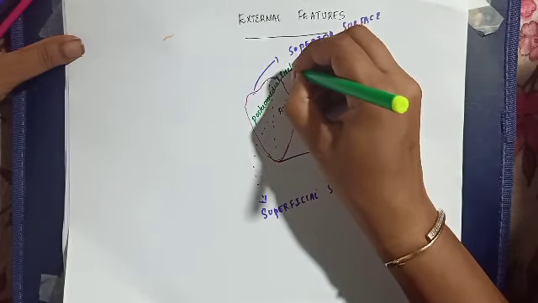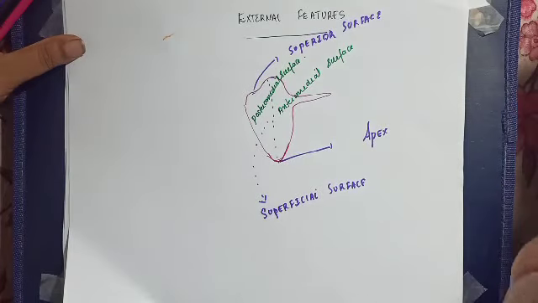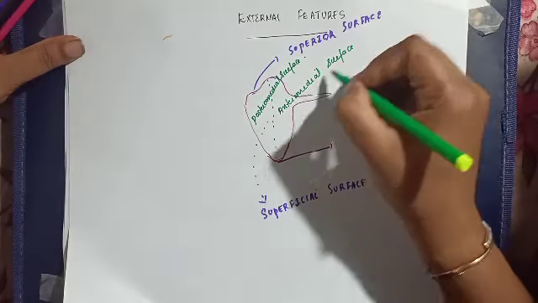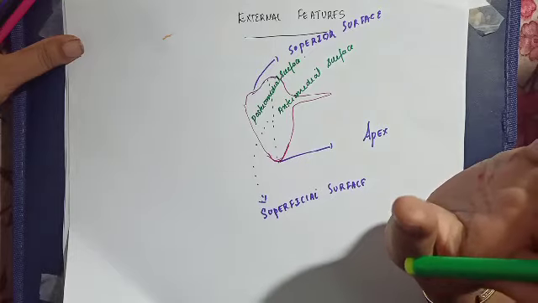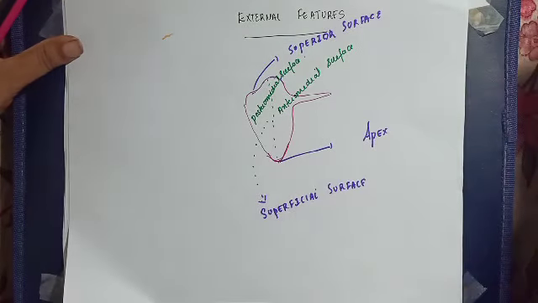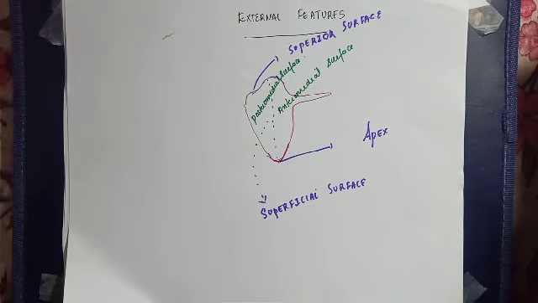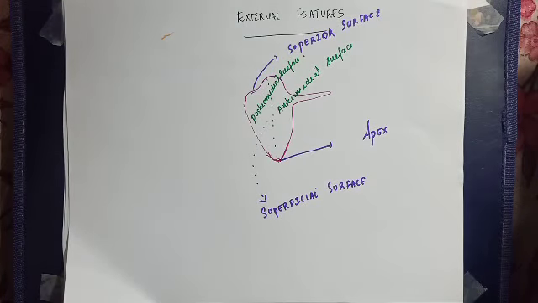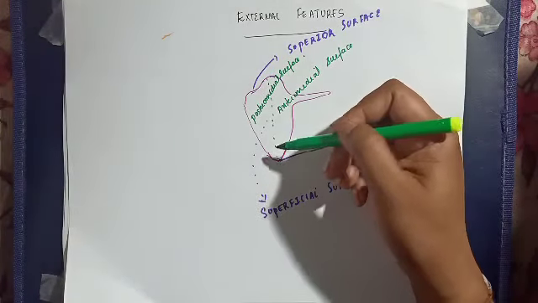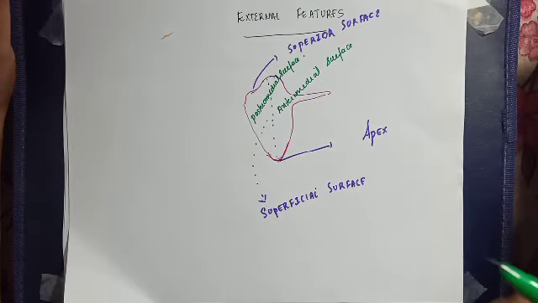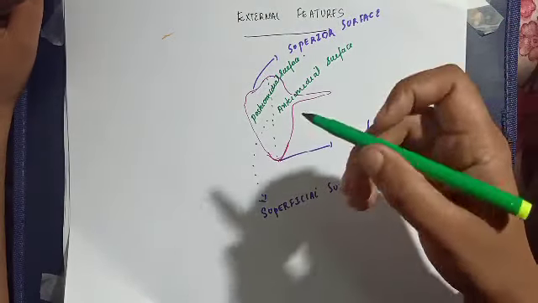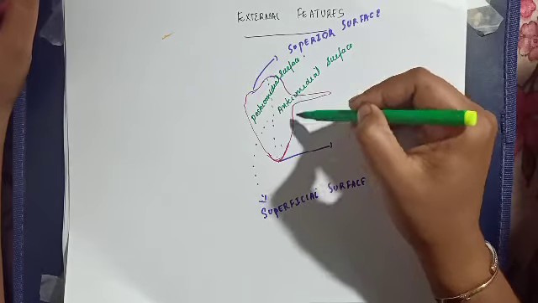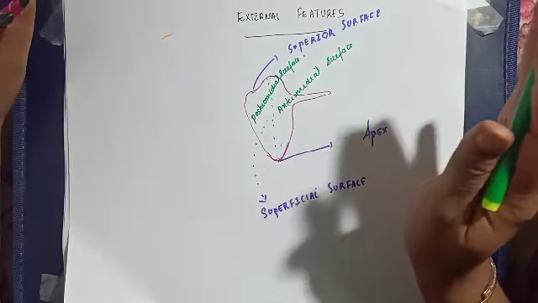Okay. Now we have seen the surfaces. It has got a superior surface, and laterally, which you can see from outside, is the superficial surface, and what you see on the medial aspect is a medial surface which is divided by a medial border into anteromedial and posteromedial surfaces.